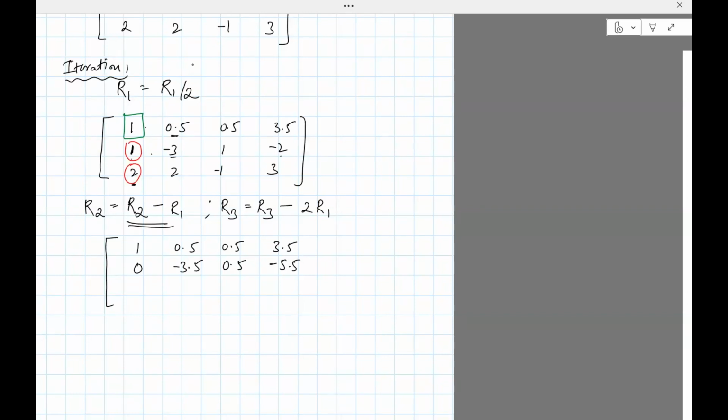The next one is row 3 minus twice row 1. So row 3, which is 2, minus twice 1 is 0. Then 2 minus 2 times 0.5, so 2 minus 1 is 1.